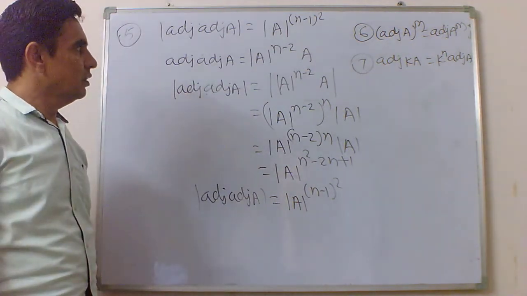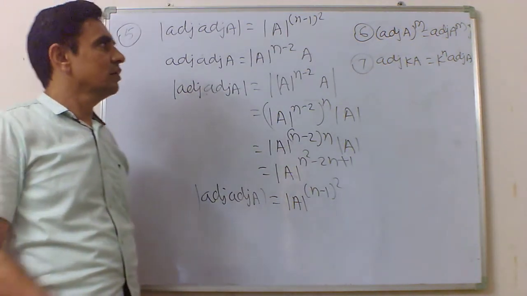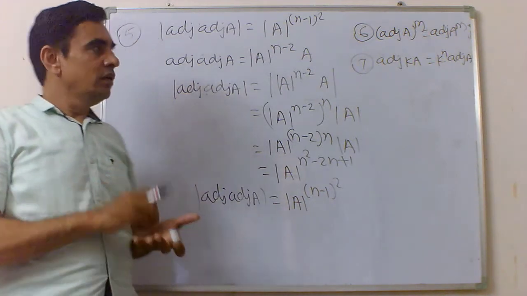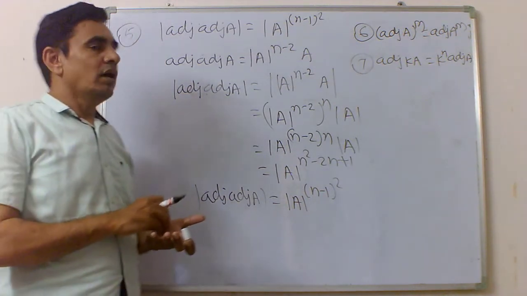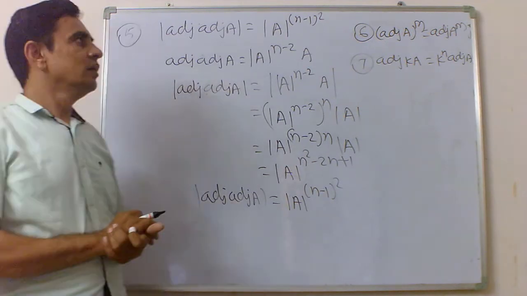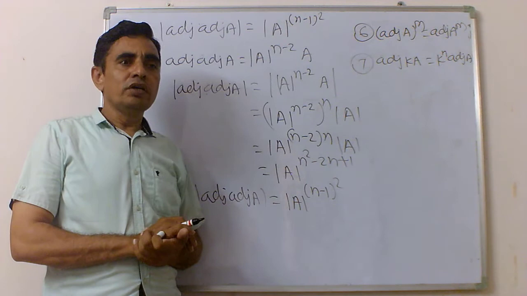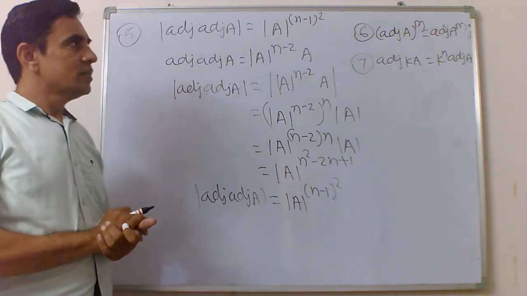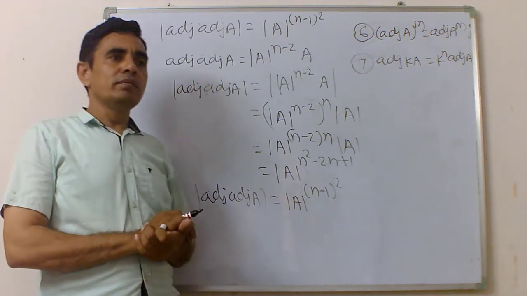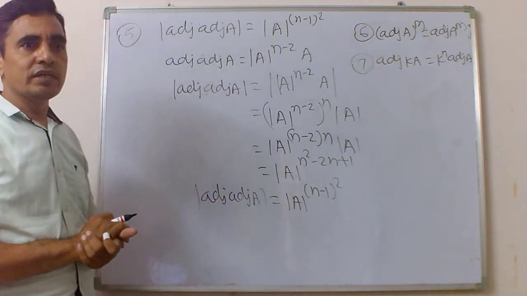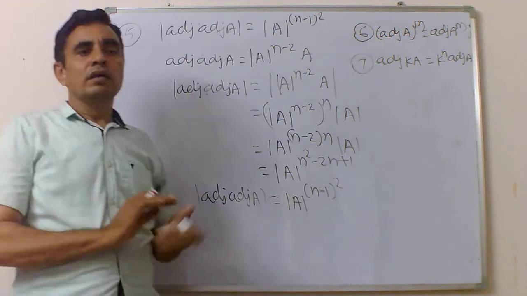We see remarks, or again properties, of the adjoint of matrix. The adjoint of diagonal matrix is a diagonal matrix. The adjoint of symmetric matrix is a symmetric matrix. Similarly, inverse of diagonal matrix is a diagonal matrix. Inverse of symmetric matrix is a symmetric matrix.